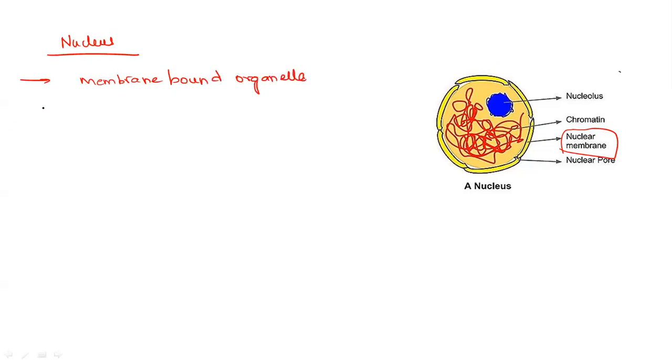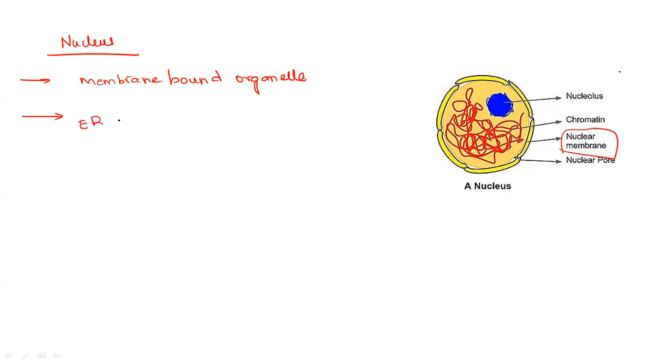Okay, now let us talk about the nucleus, which is very important. The nucleus is of course a membrane-bound organelle, bounded by the nuclear membrane, like here you can see. The endoplasmic reticulum is attached with the membrane.